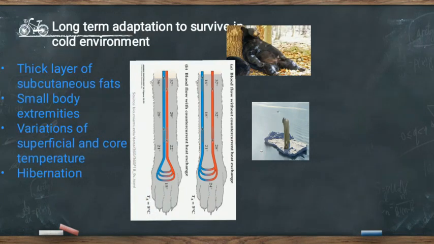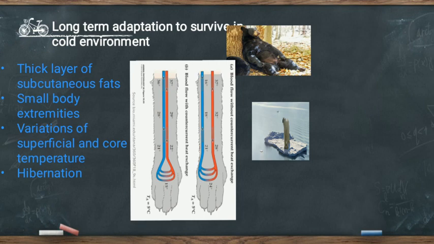The long-term adaptations to survival in a cold environment. Many organisms have a thick layer of subcutaneous fat. Aquatic mammals like whales and dolphins have a layer of subcutaneous fat which is extremely thick and forms an effective insulation layer.